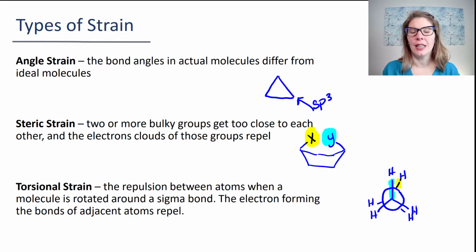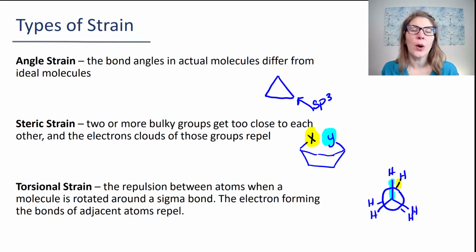So the two sets of electrons in the bonds that are highlighted, those are too close together. And electrons repel, and so these end up increasing the energy of the molecule because of that strain.